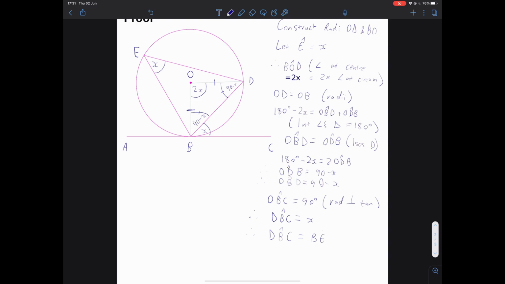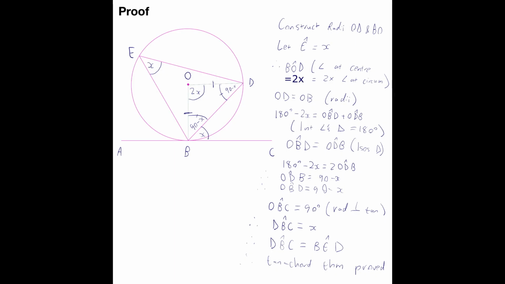Therefore, angle DBC is equal to angle BED, which you might recognize as the Tan-Chord Theorem. We have henceforth proven the Tan-Chord Theorem. Here is the proof in full.